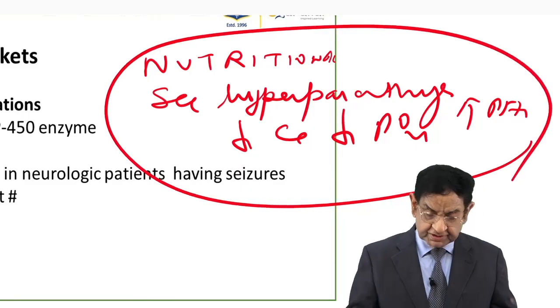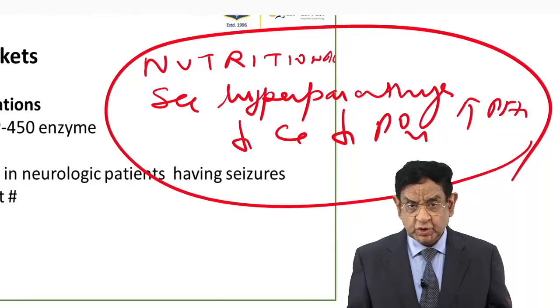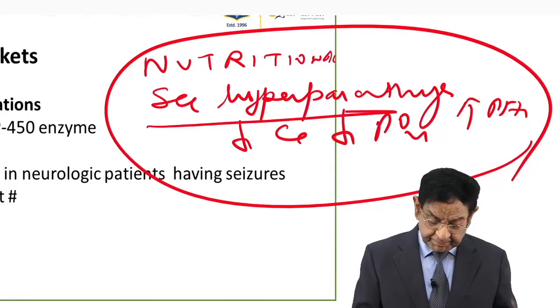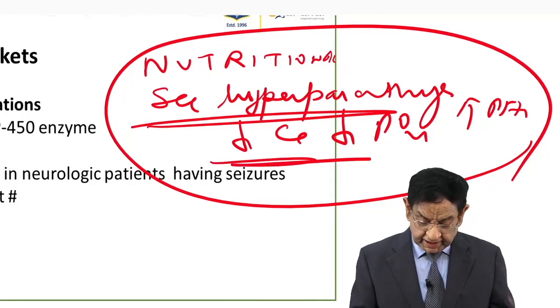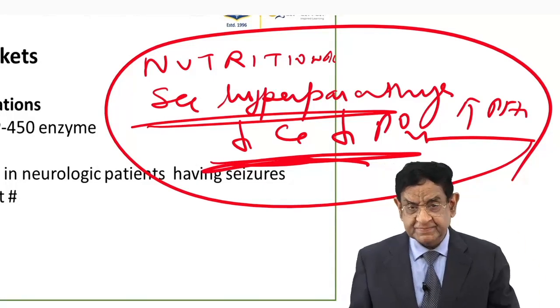This is the universal question. Nutritional variety of low vitamin D, there is secondary hyperparathyroidism, low calcium, low phosphate, increased PTH. This question comes in all the exams.